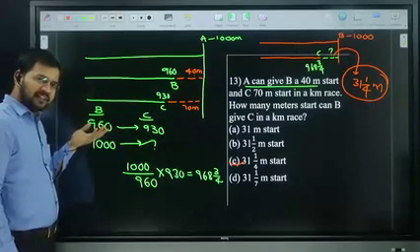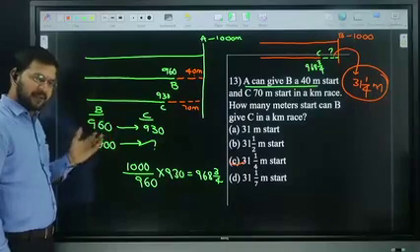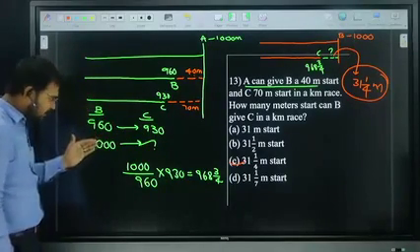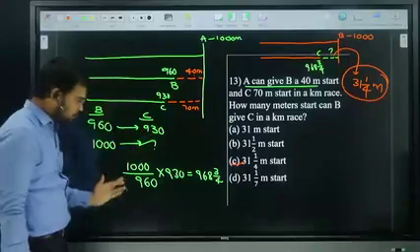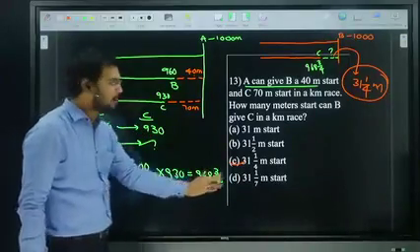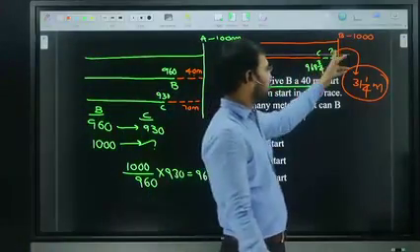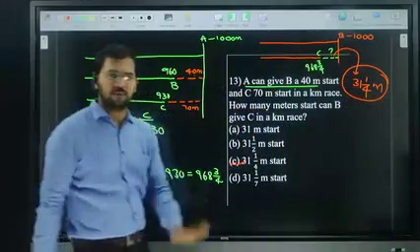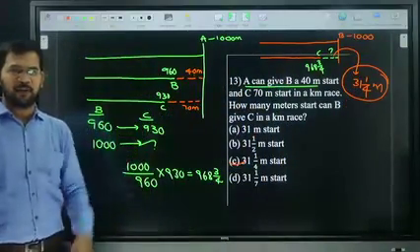B covered 960 meters distance, and in the same time, C covered 930 meters distance. Whenever B reaches 1000 meters, C reaches 968 3/4. Therefore, the gap between B and C is 31 1/4. Your answer is 31 1/4. All of you understood? Very good.